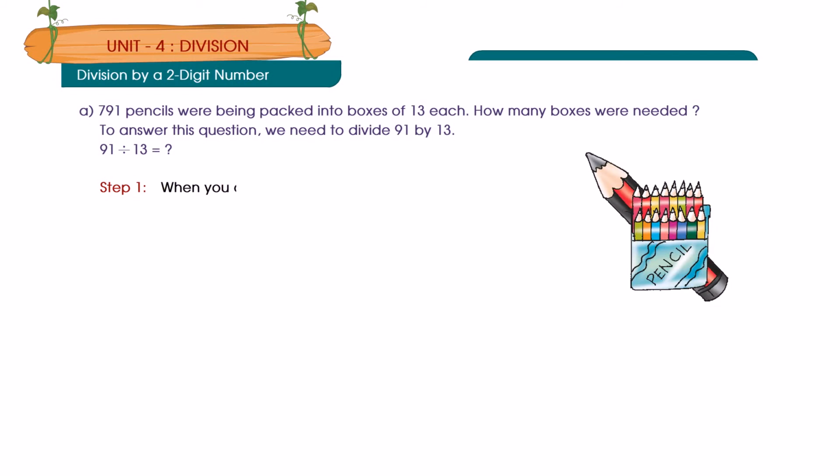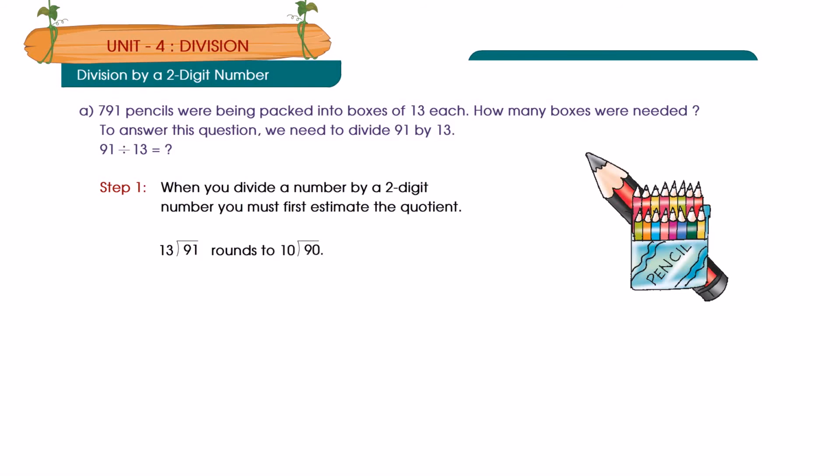When you divide a number by a two-digit number, you must first estimate the quotient. 91 divided by 13 rounds to 90 divided by 10. To solve this, think of 9 divided by 1, which gives us 9 as the quotient. The estimated quotient is 9.